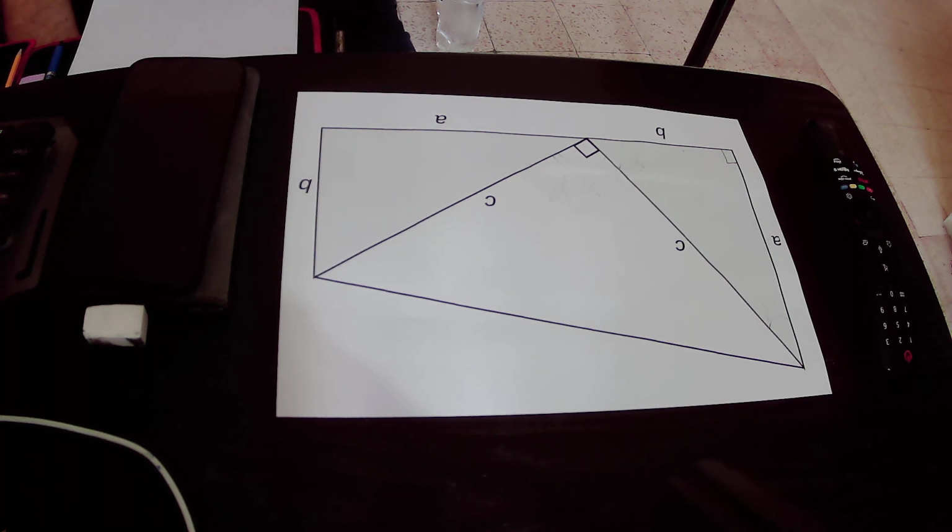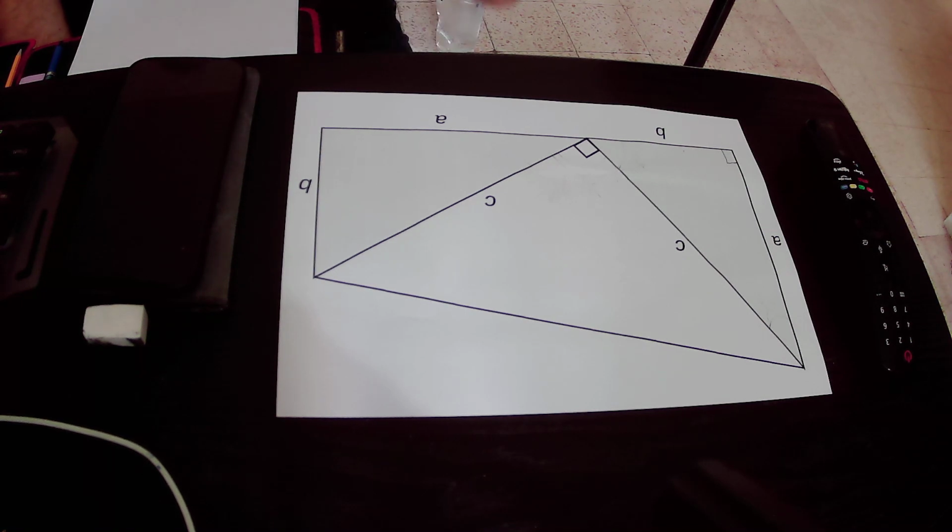So, because we have two triangles that have two sides equal to each other, and also the angle between those two sides is equal in those two triangles, we can say that the right triangle coincides with the left triangle.